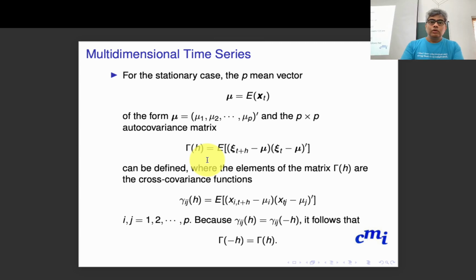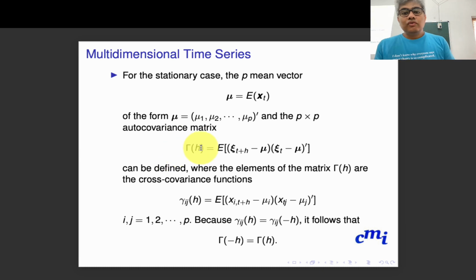For stationary series, if you assume that all p variables are stationary time series, then you can simply assume the expectation of Xt is mu, the mean vector, where mu is mu1, mu2, up to mu p, and define the p cross p autocovariance matrix.